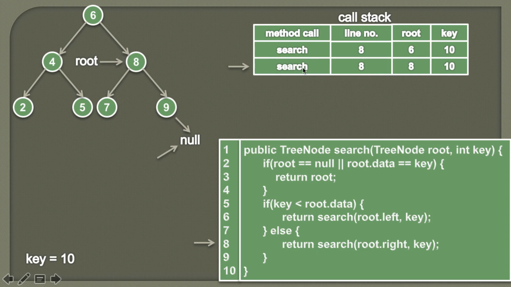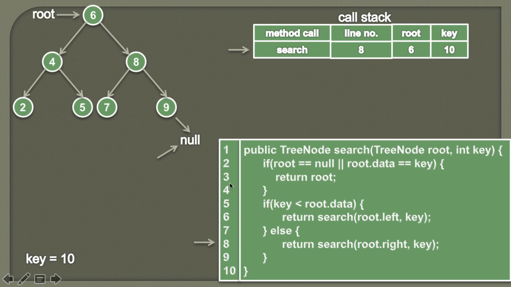So this search method will be removed from the call stack, and then the execution point will reach to this search method, and we'll start our execution from line number 8. And when we had left this search method, root was pointing to 6. So now root will point to 6. And also friends, on this line we'll simply return the value which we got from its previous search, which was nothing but null.